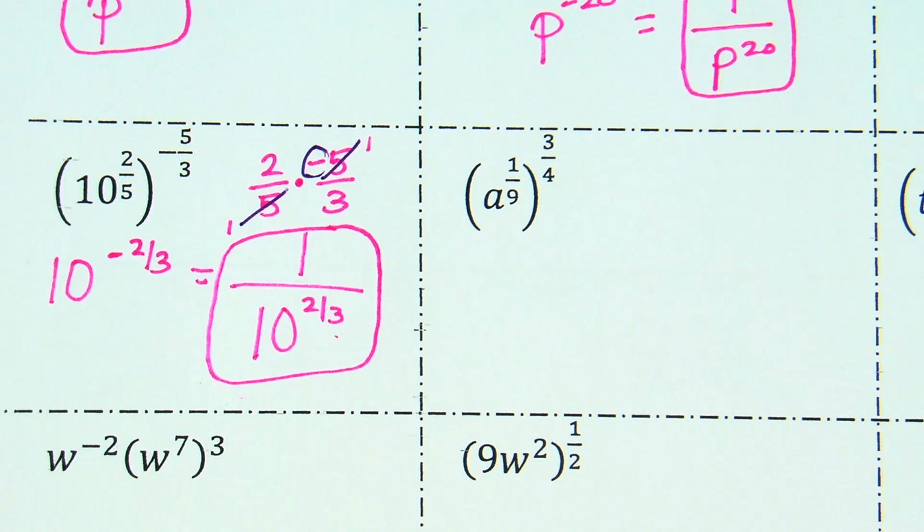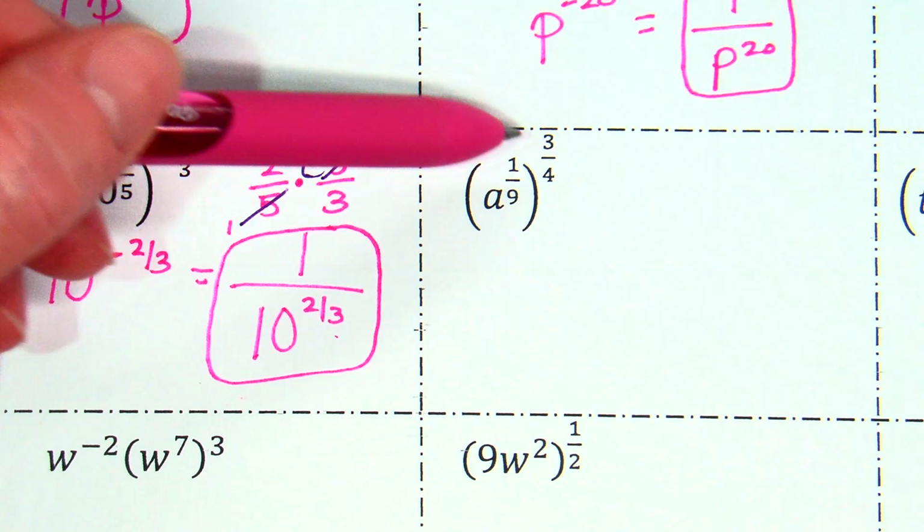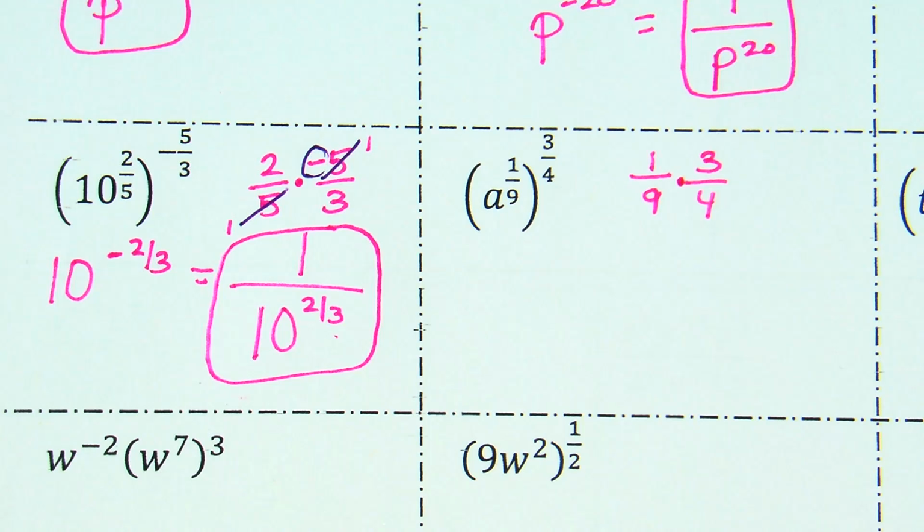A to the 1/9 raised to the 3/4. What do we do? Power raised to a power. So we are multiplying. I like to cross cancel. I don't know if you guys necessarily do, but I do. 3 and 9 can both do what?